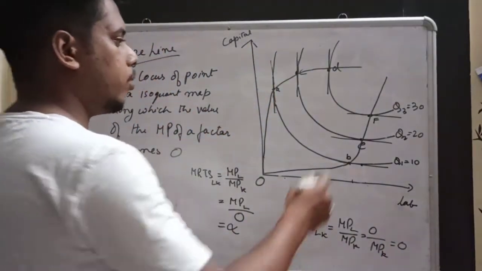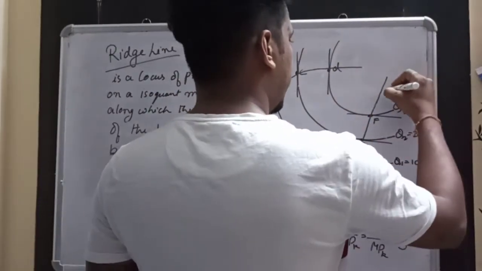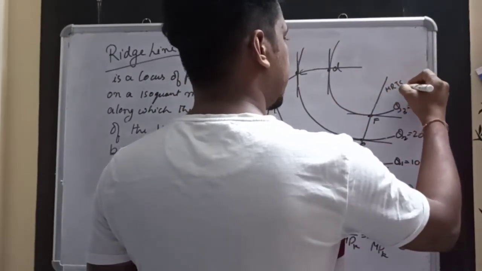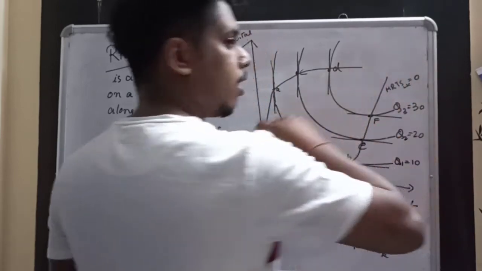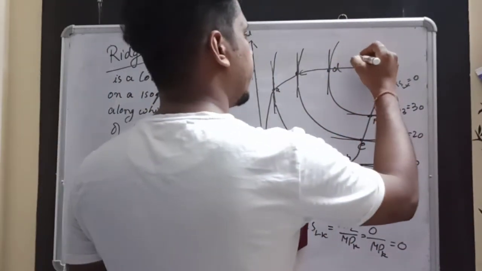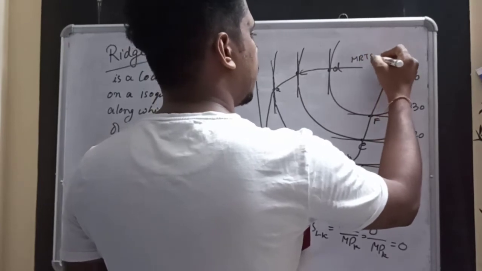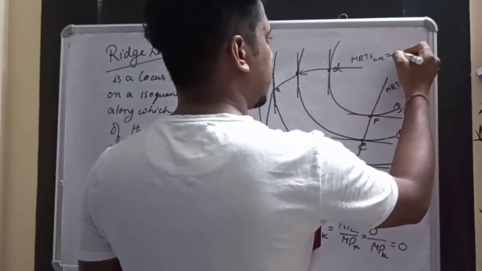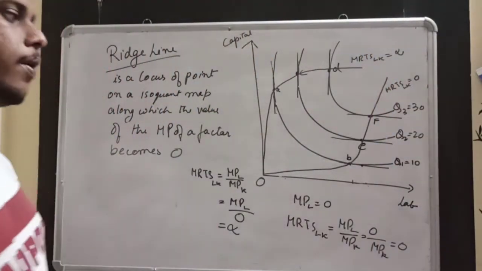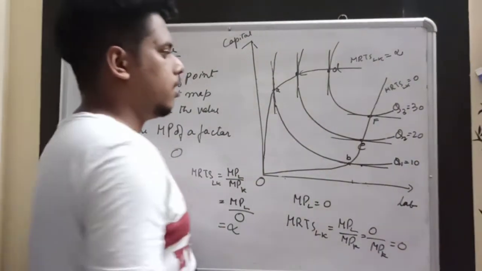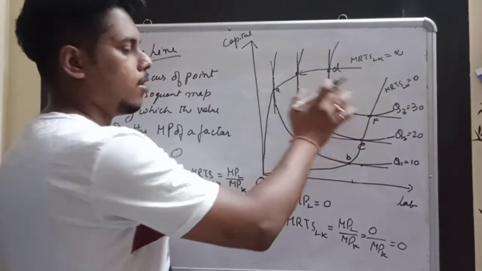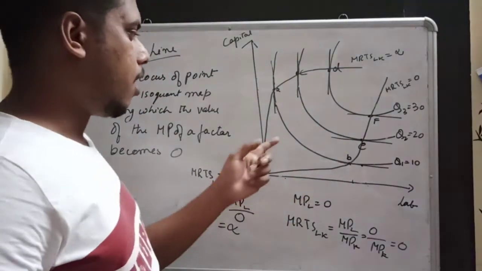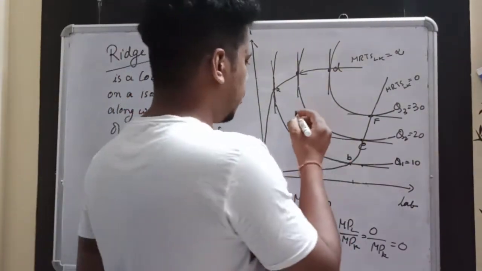So along the lower ridge line, the value of MRTS LK equals 0, whereas along the upper ridge line, the value of MRTS LK equals infinite.